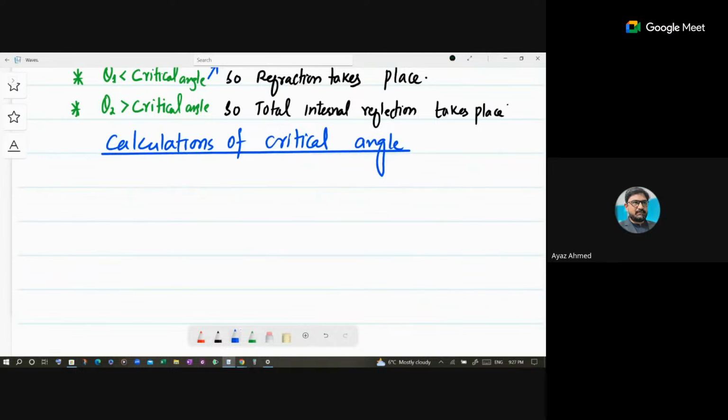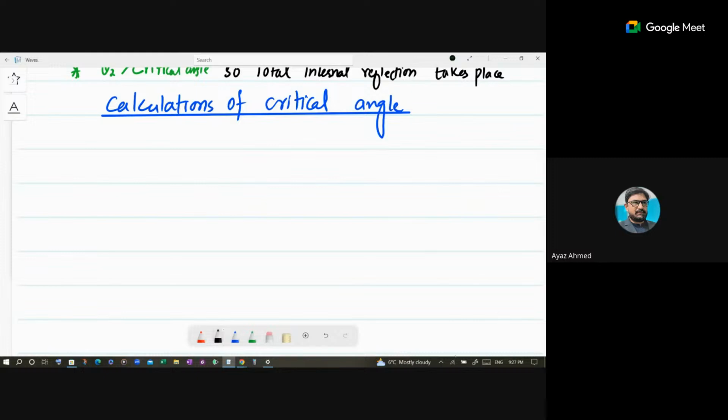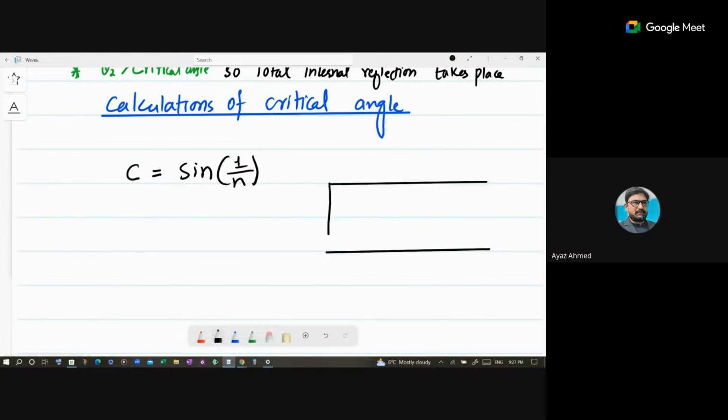So you have to know that the critical angle is equal to sine inverse of 1 upon n. I will show you how I wrote that. Let's draw this diagram again, and I will explain why and how I use this equation.